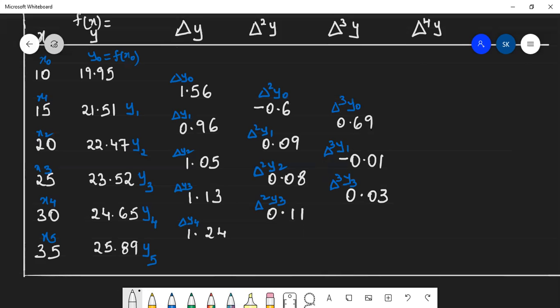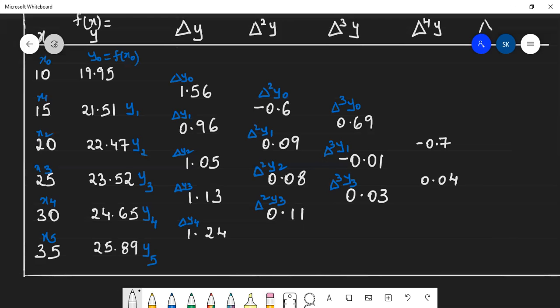The answer is minus 0.7. So I'll write here, it is minus 0.7. Then 0.03 minus of minus 0.01, so plus. The value is 0.04. Here you have 0.04.